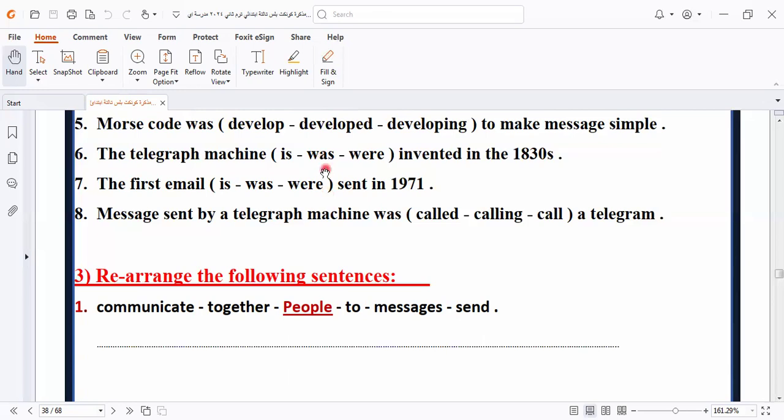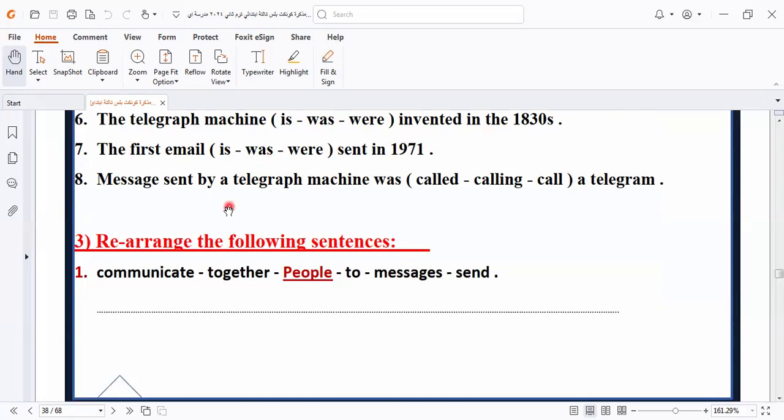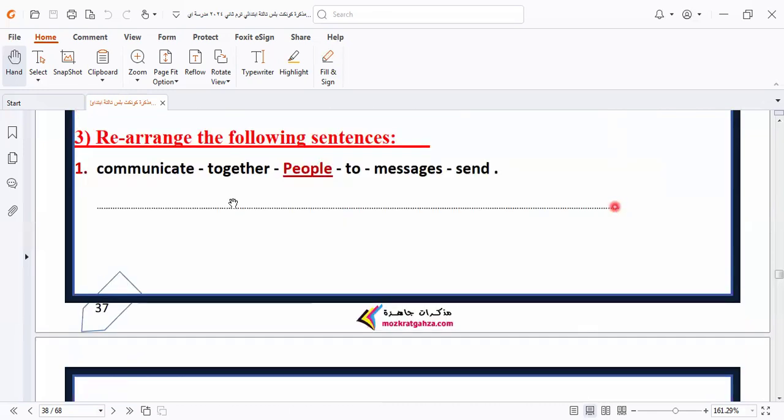The first email was sent in 1971. A message sent by a telegraph machine was called a telegram.